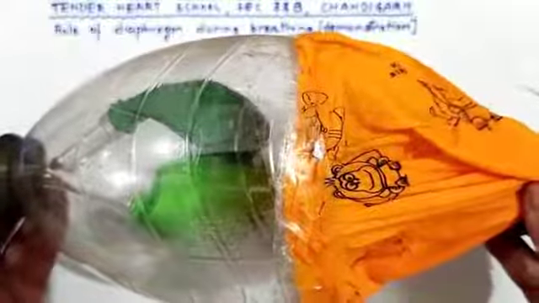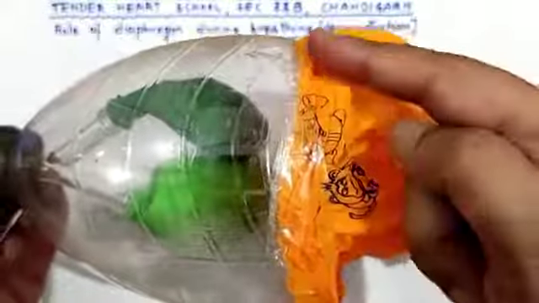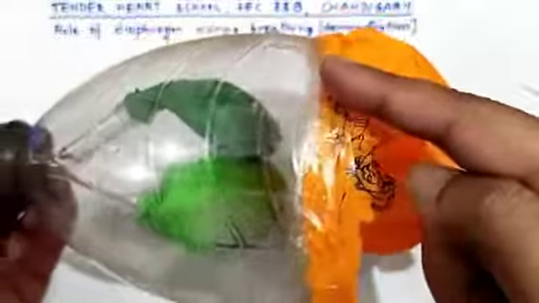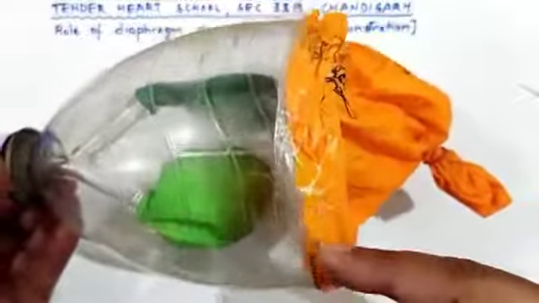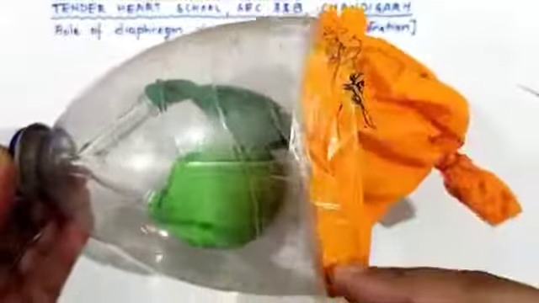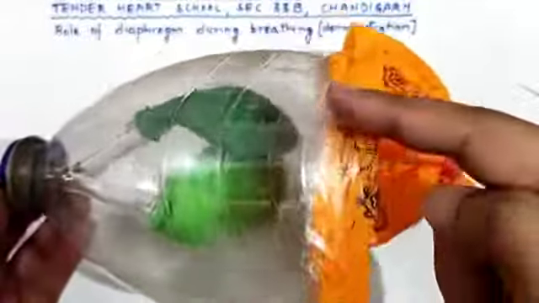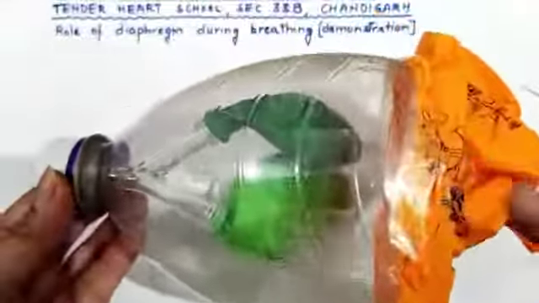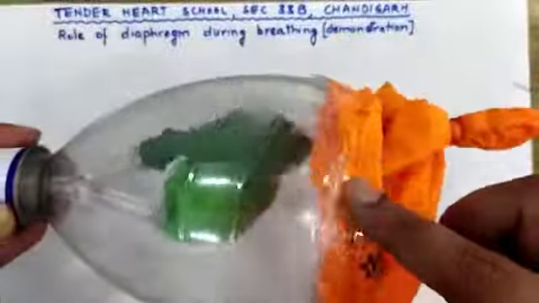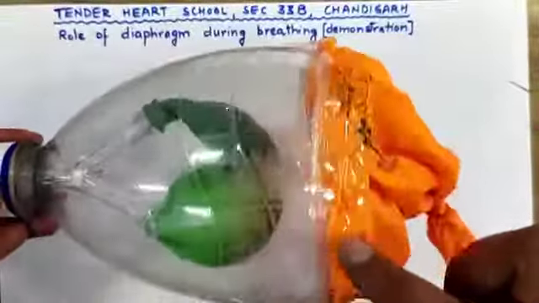This orange colored balloon has been placed and is being completely sealed with the help of a sellotape, which is at the base of this bottle. So have you understood this?